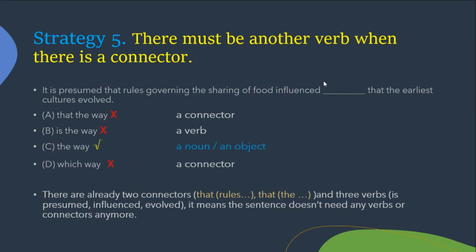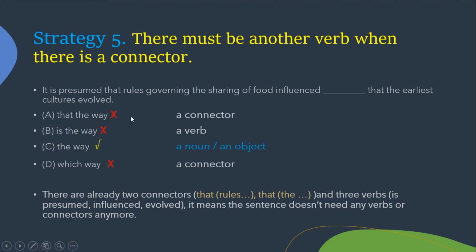So when there is another clause, it means there will be another verb. This is what it means by there must be another verb when there is a connector. So when there is a connector, it means there are two verbs. If there are two connectors, there will be three verbs. So when you see there is a connector, it means we need another verb. There will be another verb there.